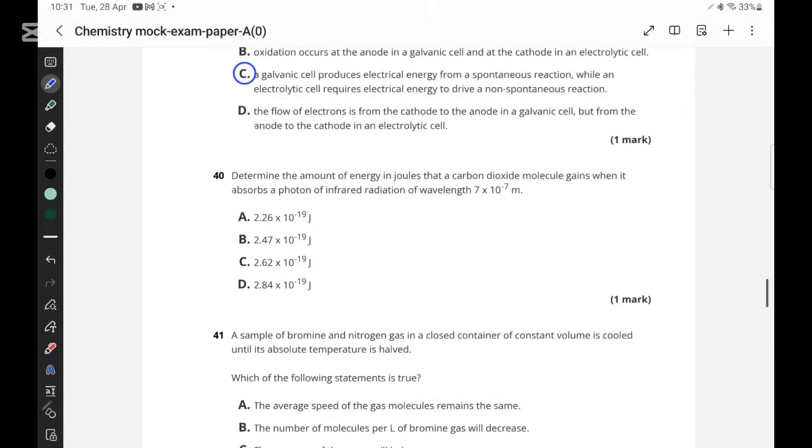Determine the amount of energy in joules that a carbon dioxide molecule gains when it absorbs a photon of infrared radiation of wavelength 7 times 10 to the power minus 7.